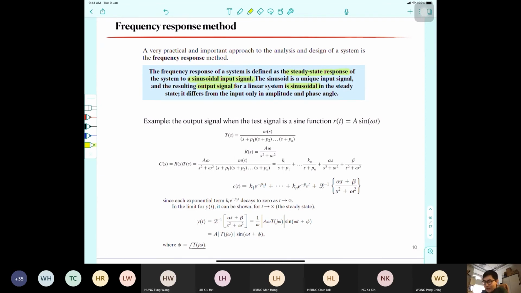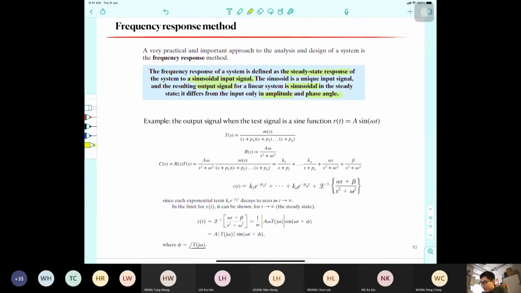What is the difference between input and output? The difference is in the amplitude and phase angle. What is the amplitude? What is the phase angle?